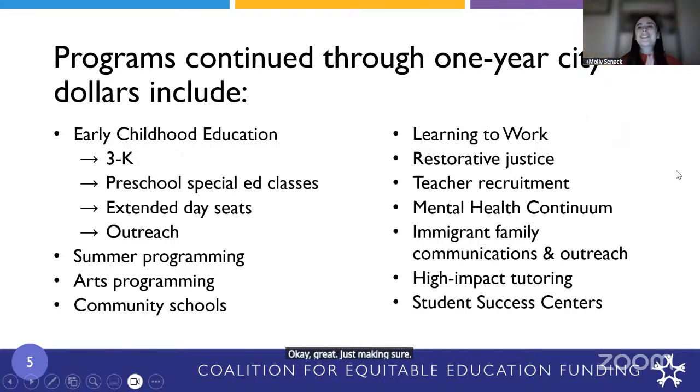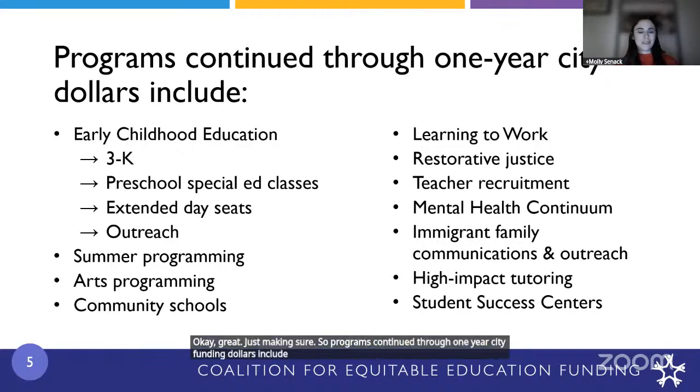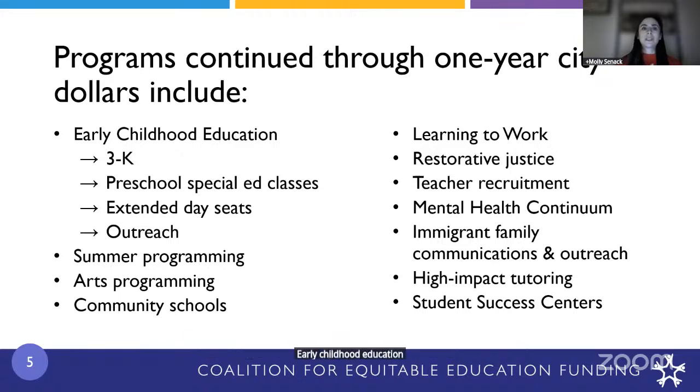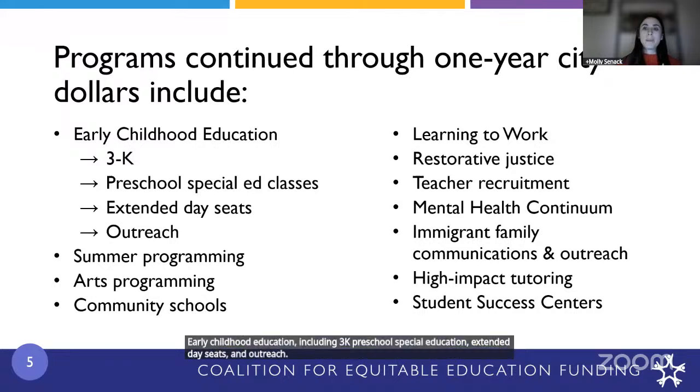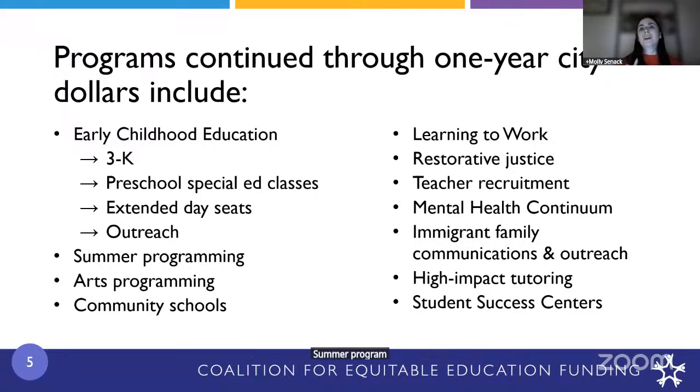So programs continued through one-year city funding dollars include, and I'm going to go through each of these individually: early childhood education, including 3K, preschool special education, extended day seats, and outreach; summer programming, arts programming, community schools, learning to work, restorative justice, teacher recruitment, mental health continuum, immigrant family communications and outreach, high impact tutoring, and student success centers.